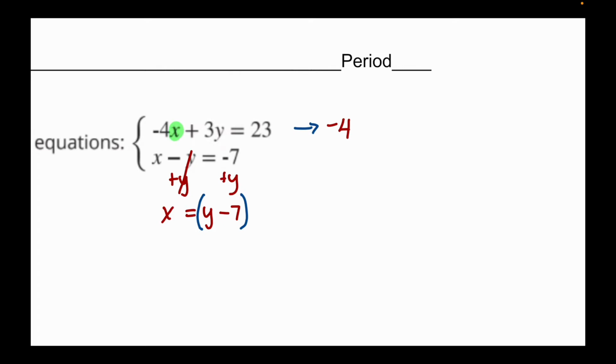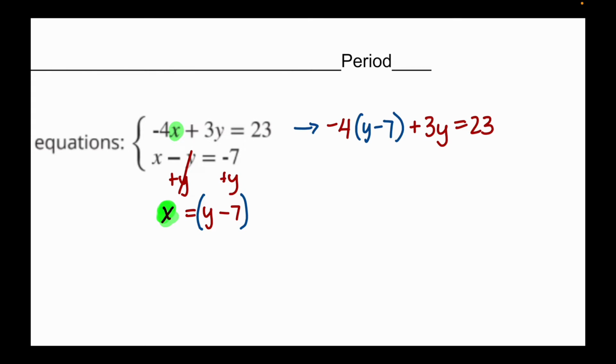So just x is what we're substituting. But the teacher's not here, so this now becomes, instead of x, y minus 7. I'll put that part in blue, and I'll do the rest of everything in red. But everything else about the rest of that day, or in this case, the rest of this equation, is the same. So plus 3y equals 23.